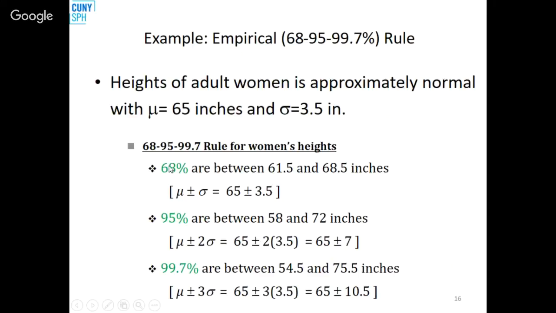That's 68% of women will have heights in this range, 95% between 65 plus or minus twice the standard deviation, and 99.7% between 65 plus or minus 3 times 3.5.